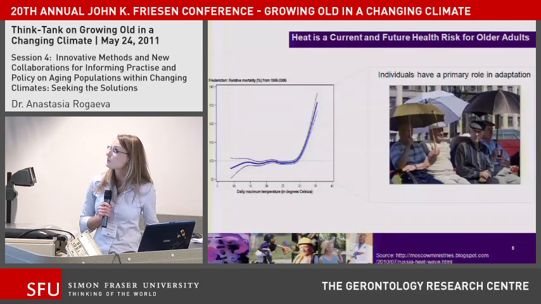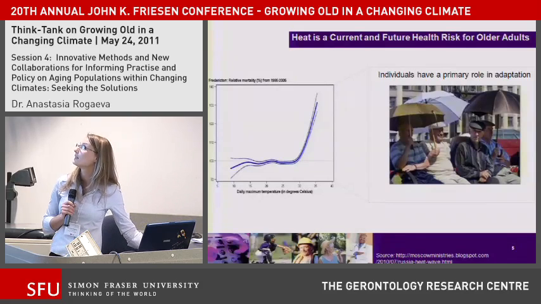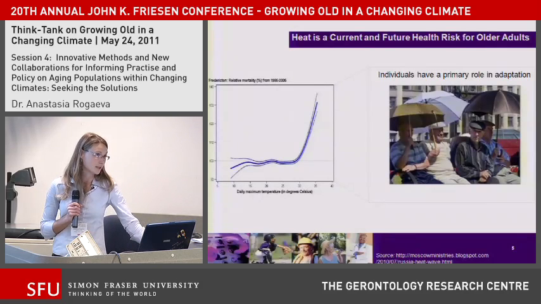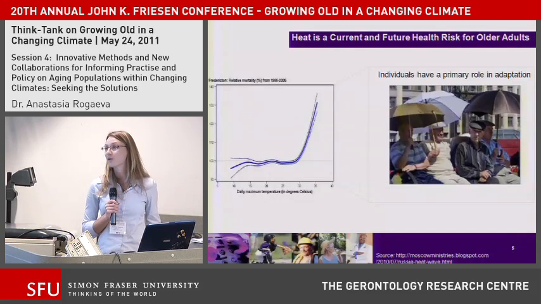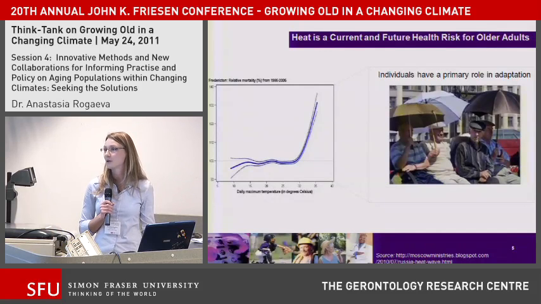The other thing that's very important to highlight here is that individuals have the primary role in adaptation. We can put infrastructure in place for them to go to cooling places or to places where they can get water, but if they don't go, then we can't do much about it.